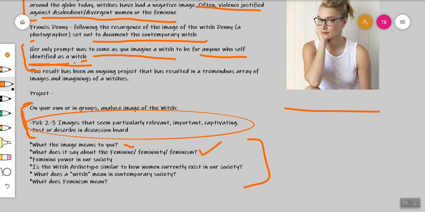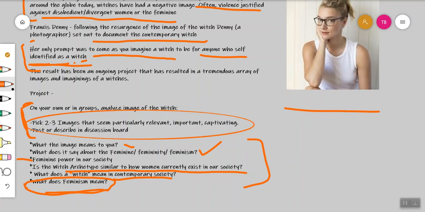What does it say about femininity or feminism? How about feminine power in our society? Is the witch archetype from the past? How do women currently exist in our society? How do those two things interact? What does it mean to be a witch in contemporary society? Does this make you rethink what feminism means, or want to rethink what feminism could mean?